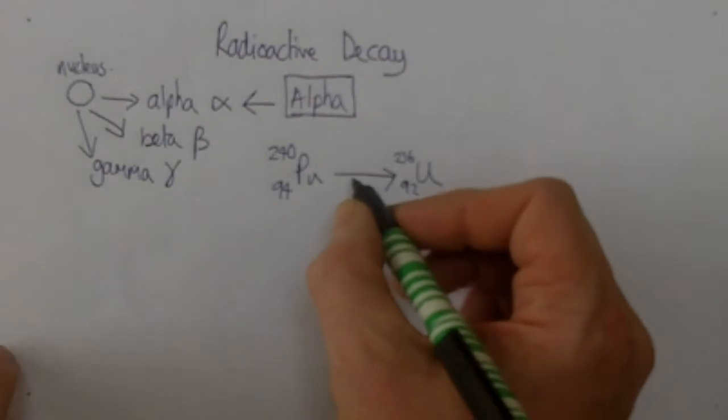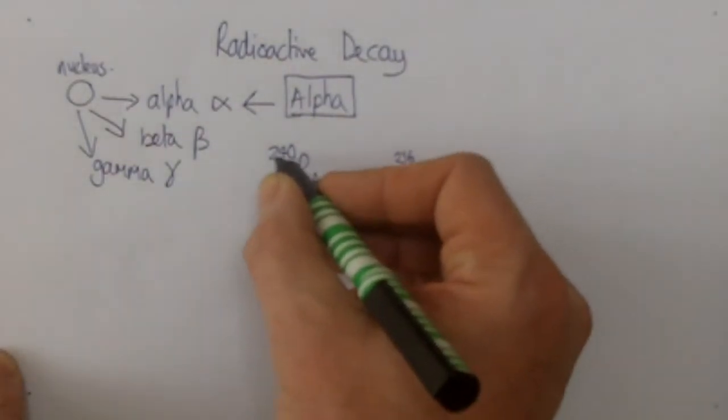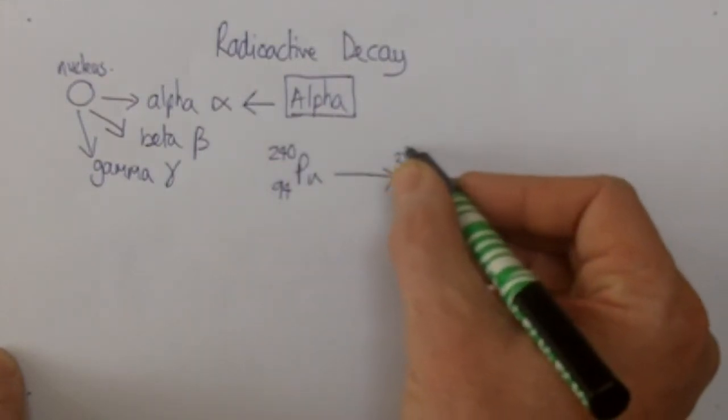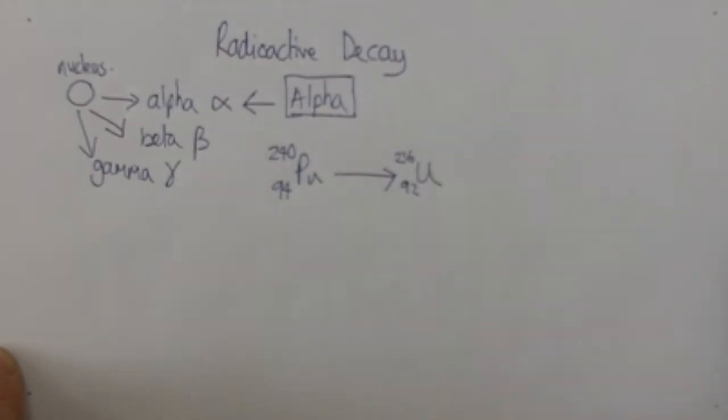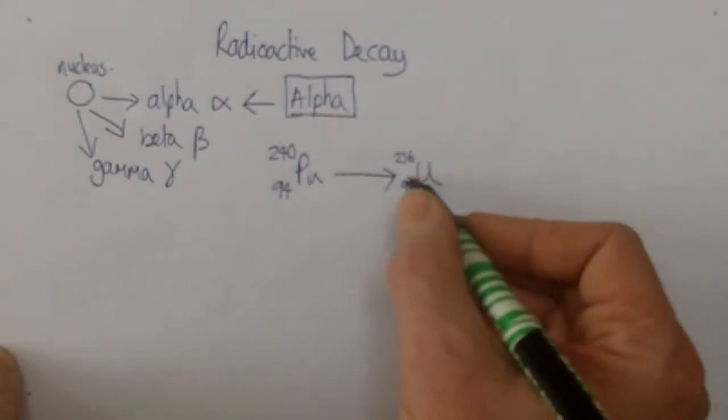Now to give you the equation version, you can see that I've got 240 particles in the nucleus, and then once it's decayed it's gone to 236, so I've lost 4 particles. And if we look down here, it's gone from 94 to 92.